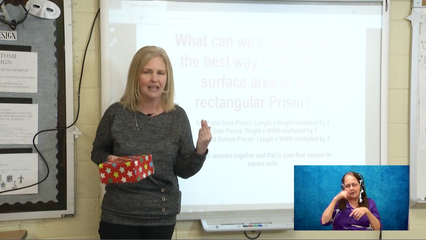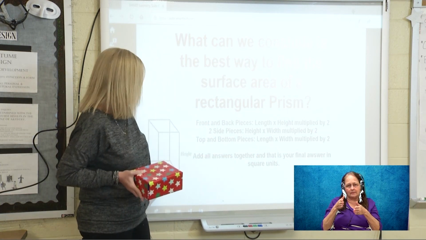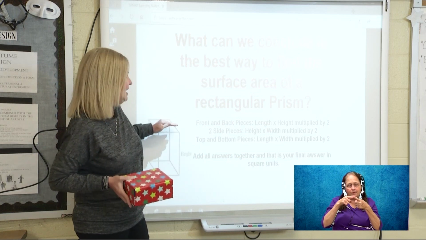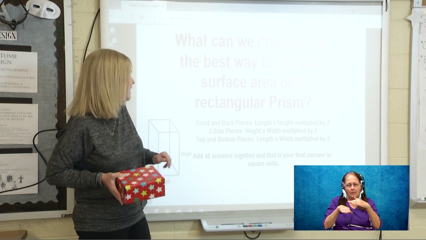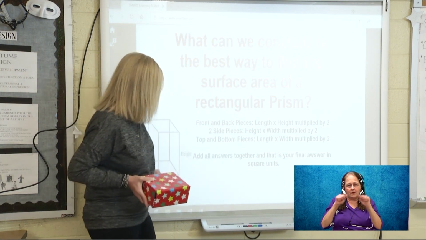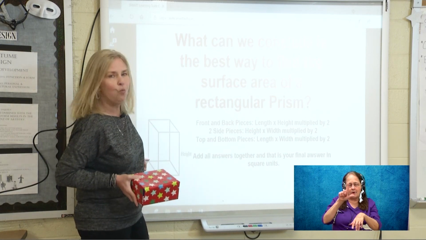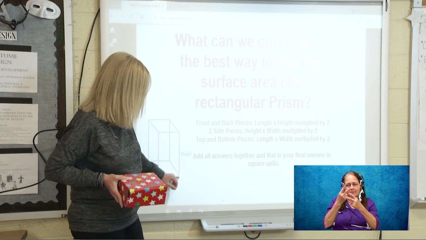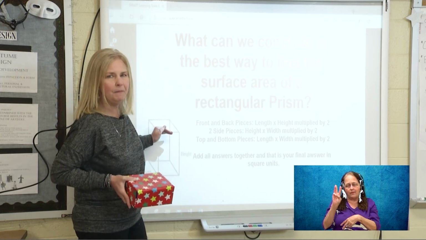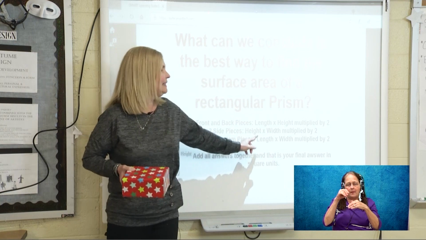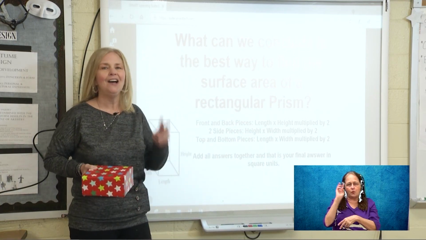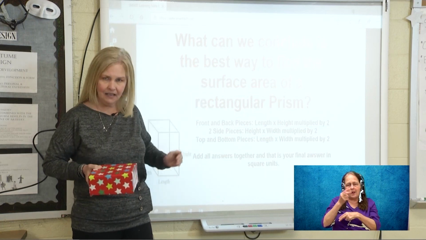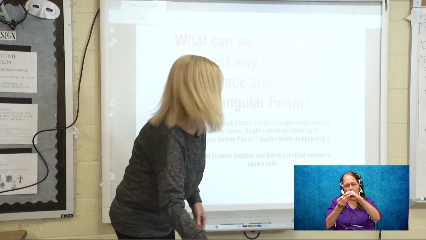I need 2 sides. And then if I do a top and a bottom piece, then I can do length times width, because that makes up the top and the bottom pieces. So I do length times width, and then I multiply it by 2, because I've got to include both pieces.